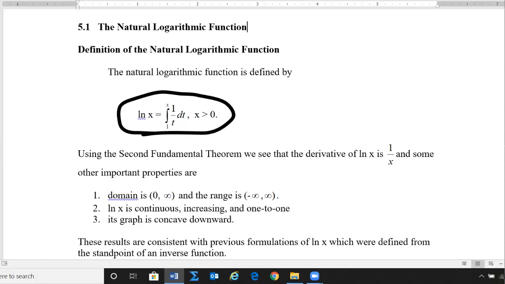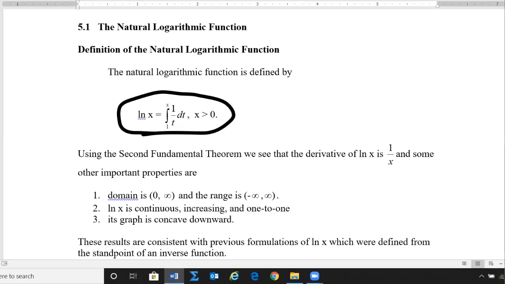It's increasing and 1 to 1. How do you know it's increasing? Well, because the derivative is 1 over x, and that's a positive quantity for x greater than 0, so it's an increasing function.